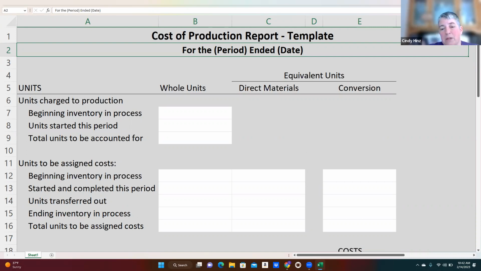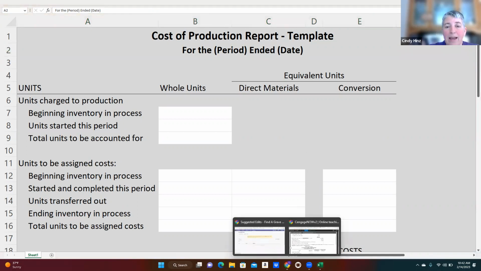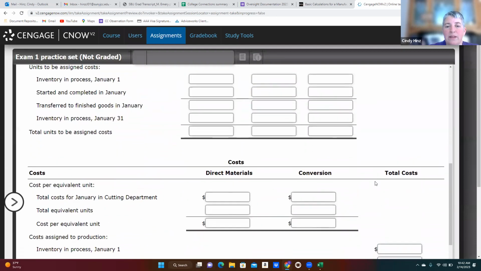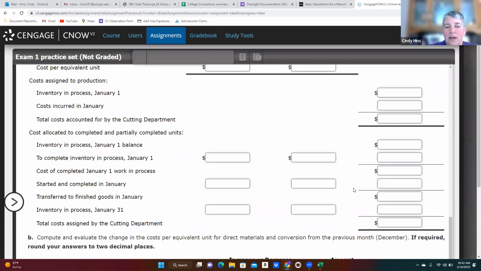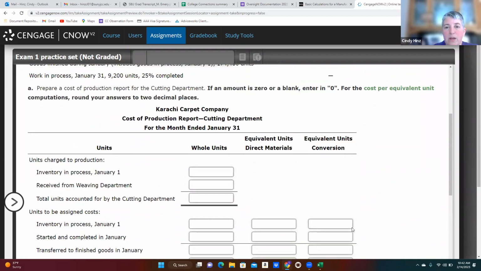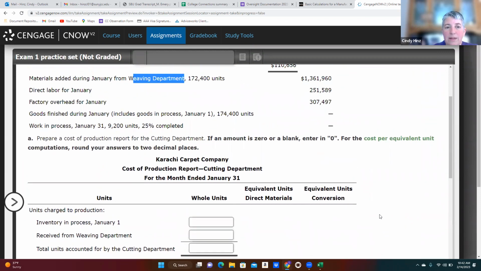If you don't, that's fine too. I find it very helpful. But for this particular exercise, they give us the same format here. I created that using the same format that this textbook uses so that you'd be familiar with it, so that you can use it if you wish. And we're going to get started here.